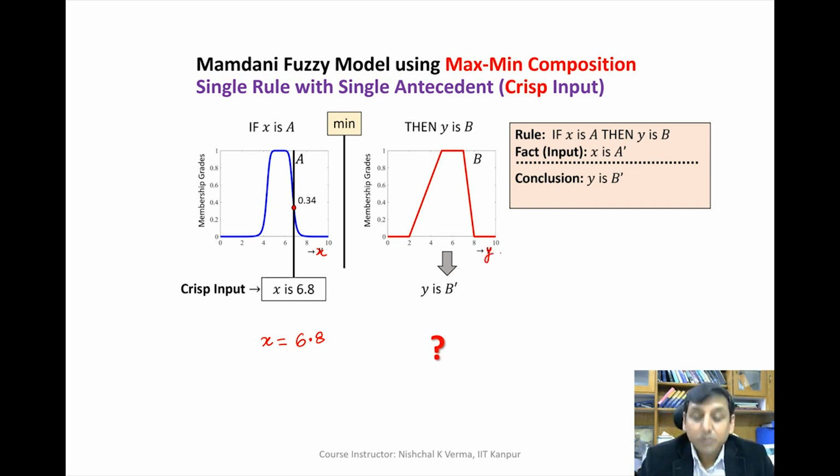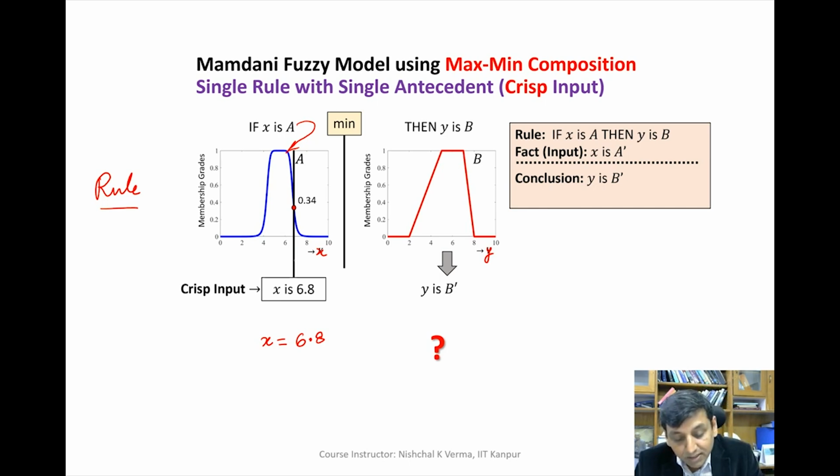So what we do here is we simply take this fuzzy set as the input. Let us have a fuzzy set A like this. Then we find the intersection point. We draw a line at 6.8, which lies between 6 and 8.